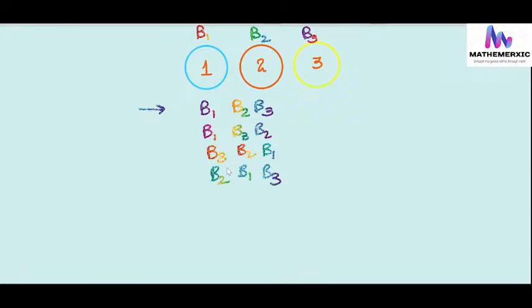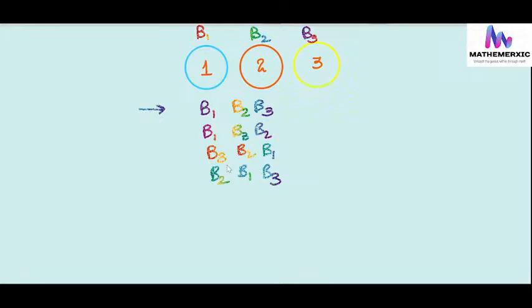So what are the other possibilities here? Ball 1 can be kept somewhere else or what? Ball 1 has been fixed in the first part, so we have 1 2 3, 1 3 2, 3 2 1, 2 1 3, 3 1 2.